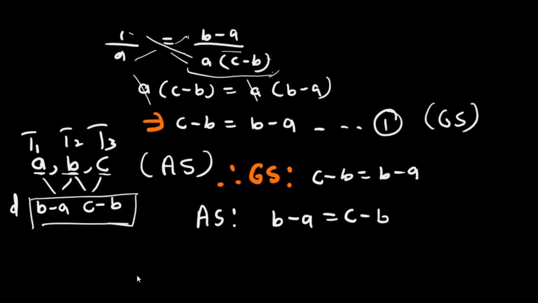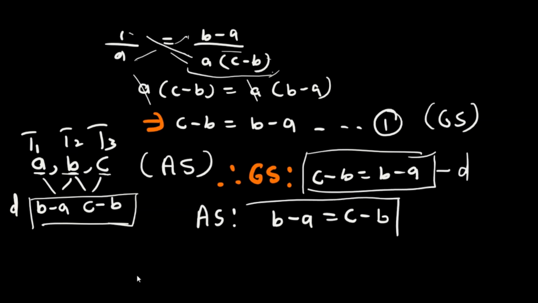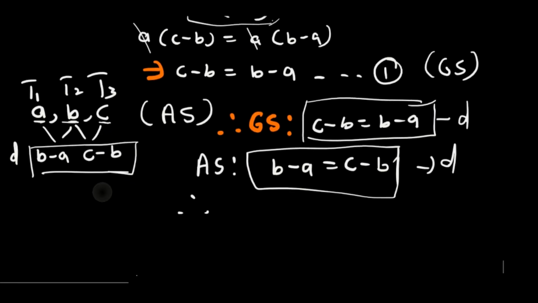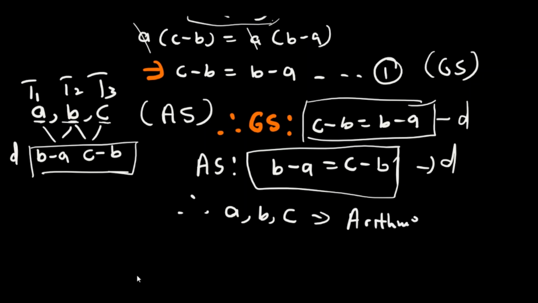So for the mere fact that we are getting this difference here, which is common, therefore it concludes that our a, b, and c is definitely an arithmetic sequence. Hope we understood in solving this problem.